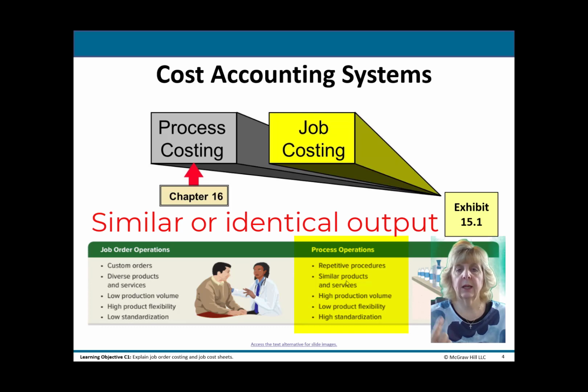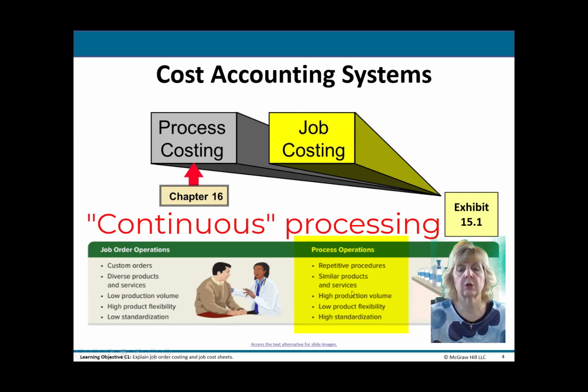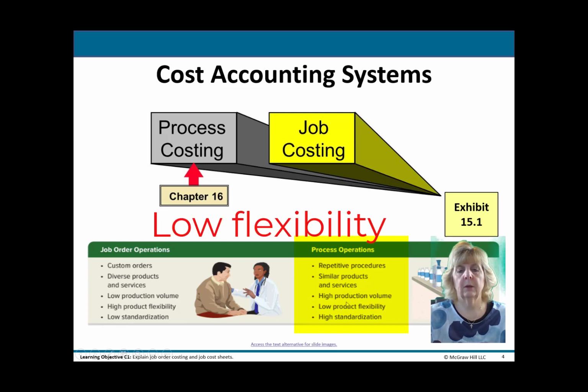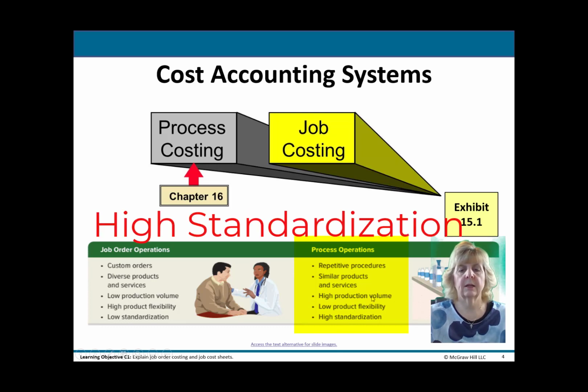All the gasoline at the end of the production process looks the same. So that tends to have high production volume. Some of these factories, like Shell oil, crank out production 23 to 24 hours a day. There's low product flexibility because all gasoline is pretty much the same, and a high level of standardization.